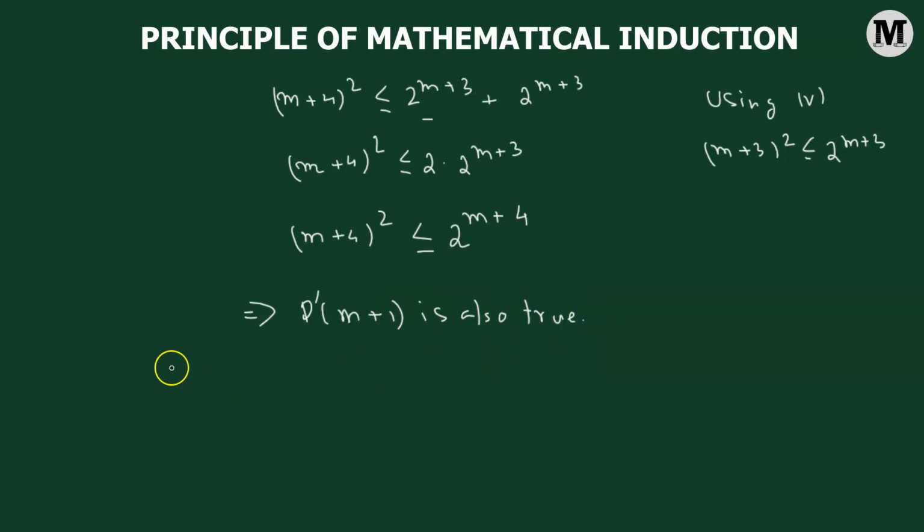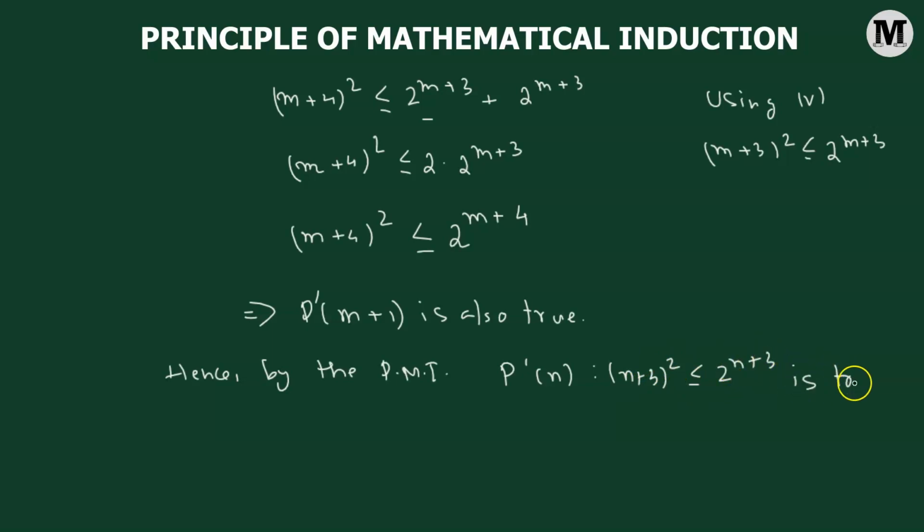And since this is true, therefore by the principle of mathematical induction, the statement p prime of n, which was (n plus 3) whole squared less than or equal to 2 raised to the power of n plus 3, is a true statement, and it is going to be true for all values of n belonging to the set of natural numbers. That means any natural number that we pick, the statement p prime of n is true. Hence proved.